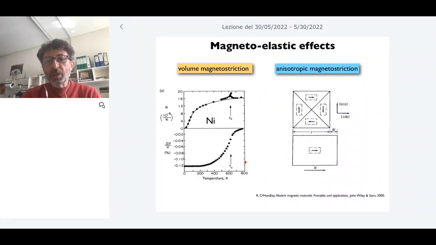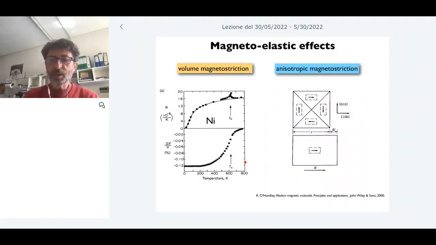And looking like this, it tells very little because we may imagine that there can be a lot of anomalies in the thermal expansion of metals or whatever. But what is very interesting and really very relevant, is that this is not always the case for magnetic materials. So not always you have the correlation between the paramagnetic state and the larger volume, but you can also have the opposite.